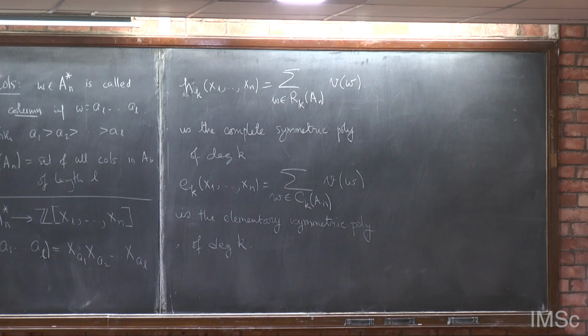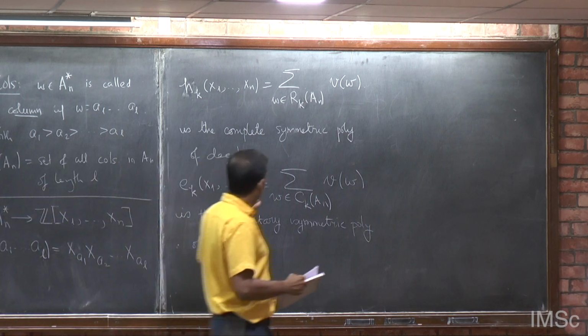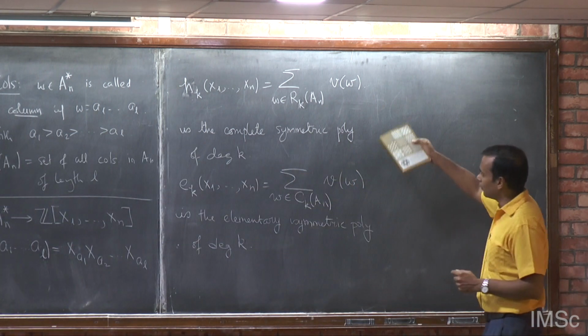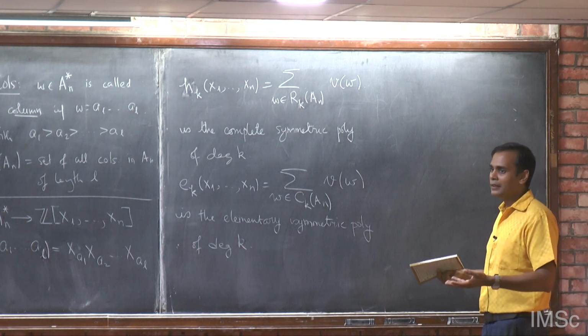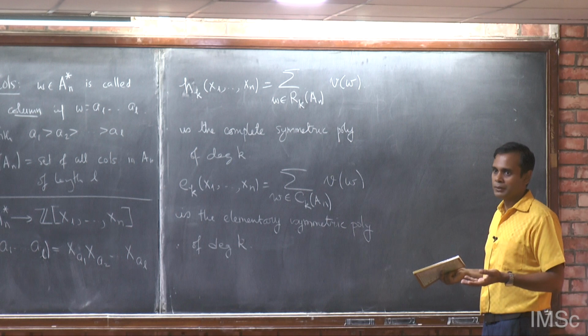So already with just these very simple definitions, you get some interesting symmetric polynomials. And it turns out that these two families of symmetric polynomials generate the algebra of symmetric polynomials.